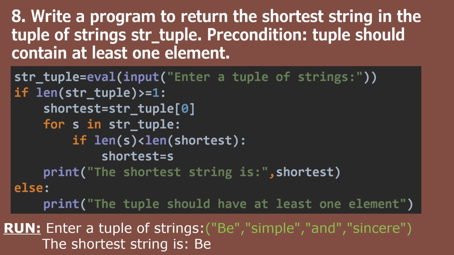Now it will check all the strings present in this tuple. So for s in str_tuple, if length of s is less than length of shortest, then shortest is equal to s.